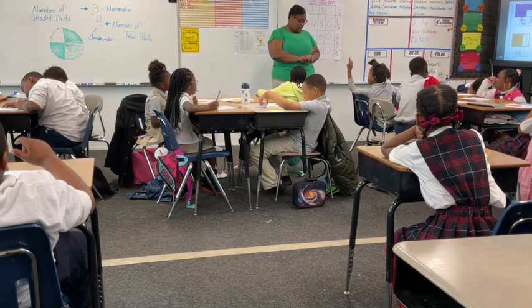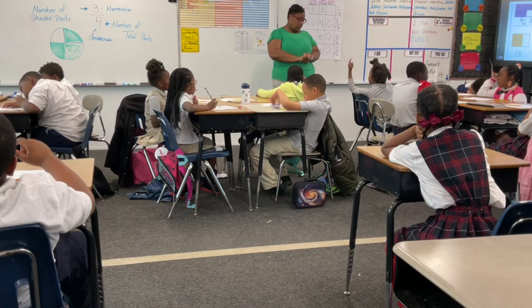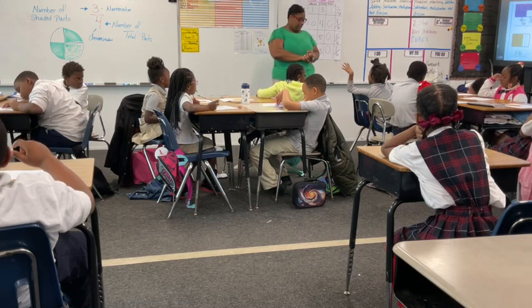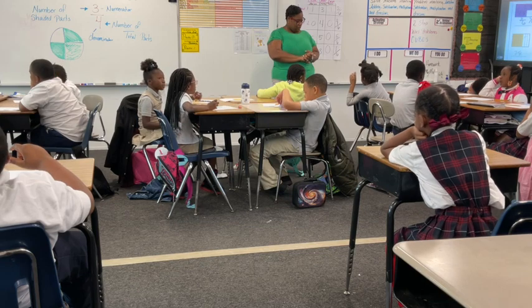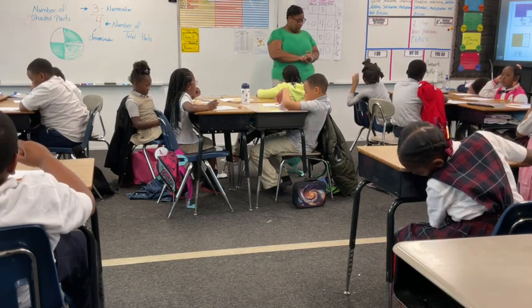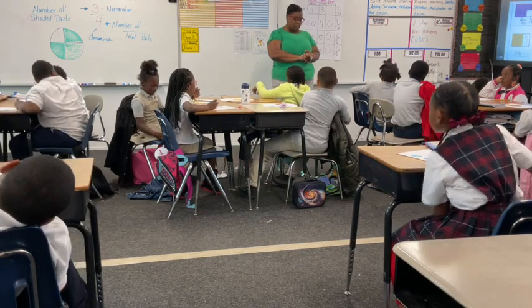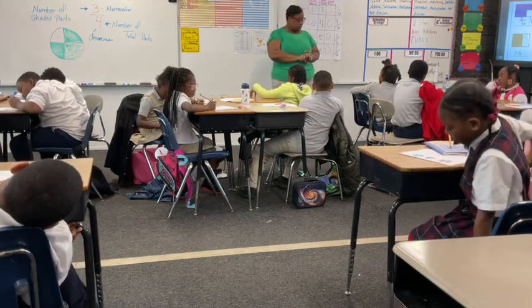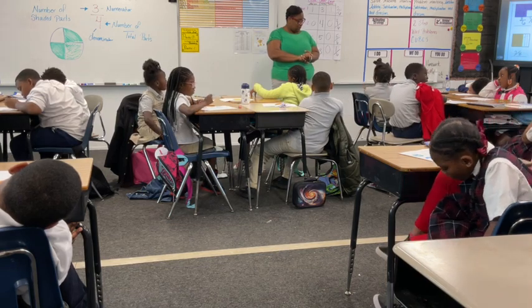I used fractions when I was sharing my chips with my sister. How did you use the fraction when you were sharing your chips? I made sure I gave her the equal amount that I had. We had cookies as well. There were 10 cookies in the bag, so I got 5 and she got 5.